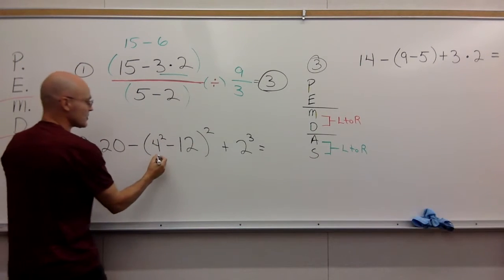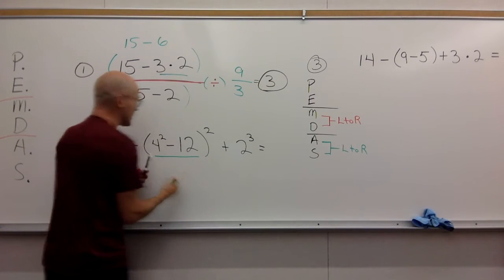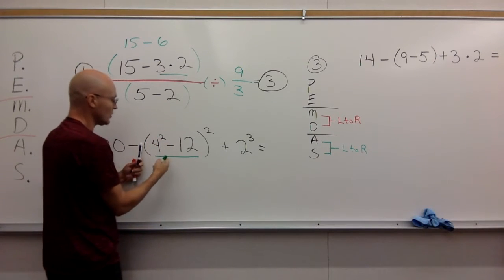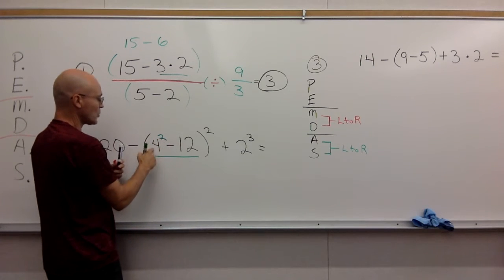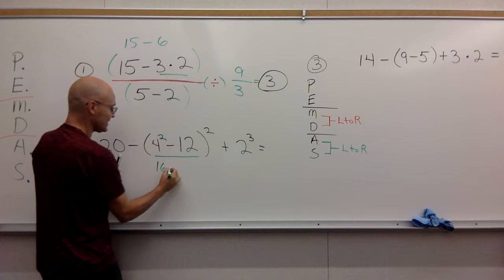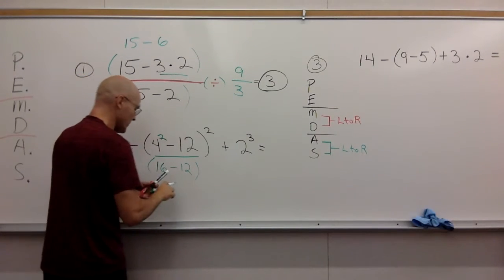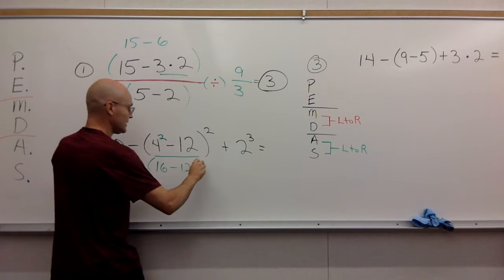We have parentheses right here. So that's the first thing you're going to want to do. But now you got to pick. Do I take care of the 4 to the second power, or do I subtract 4 and 12? Well, you definitely want to do the exponent first. So 4 to the second power is 16, and you still got the 16 minus the 12 in parentheses, and you still got this other exponent outside.